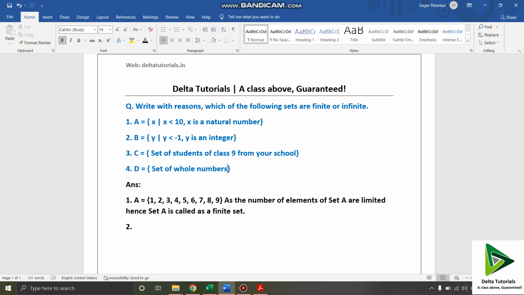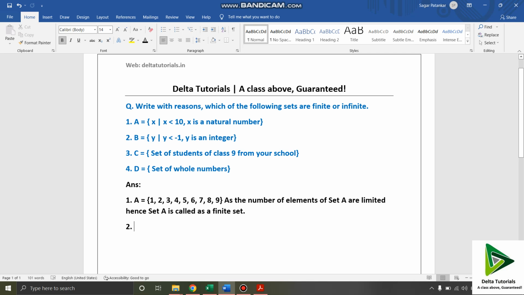So in this particular condition, y should be less than minus 1. In the case of integers, there are an infinite number of elements which are smaller than minus 1: minus 2, minus 3, minus 4, minus 5, up to infinity on the negative side. So many elements are present. Hence we can say that set B is an infinite set.